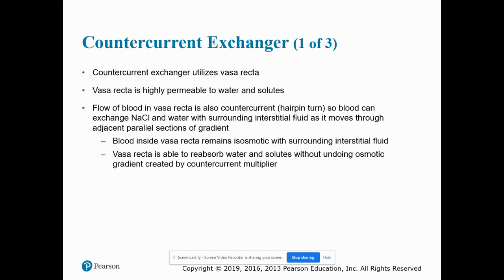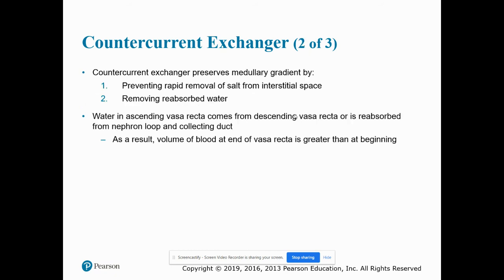The vasa recta is able to reabsorb water and solutes without undoing the osmotic gradient that's created by the countercurrent multiplier. The countercurrent exchanger preserves the medullary gradient by preventing rapid removal of salt from the interstitial space and removing reabsorbed water.